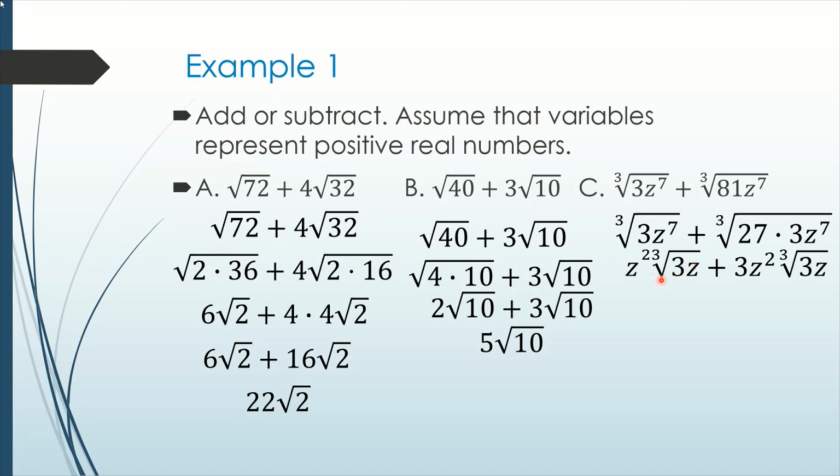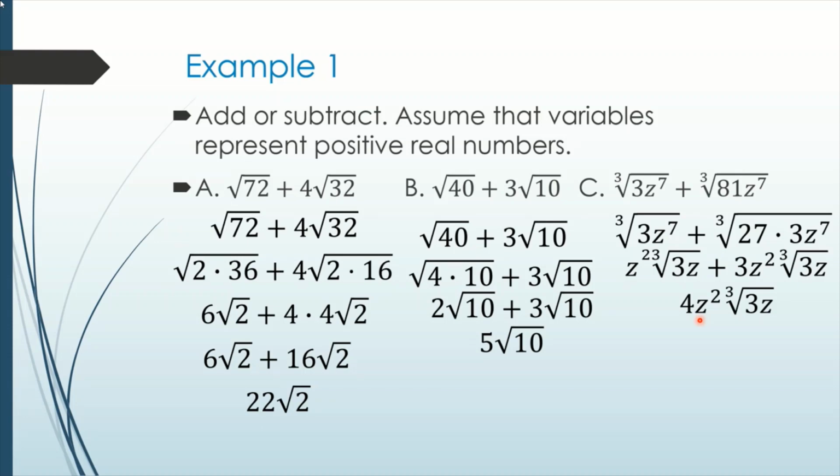So that would be z squared cube root of 3z plus the cube root of 27 is 3, and the cube root of 7, 3 goes into 7 twice with a remainder of 1. Now combine like terms. Here it's really complicated what the term is. It's z squared cube root of 3z. And what we're adding together is the 1 and the 3. So that'd be 4z squared cube root of 3z.